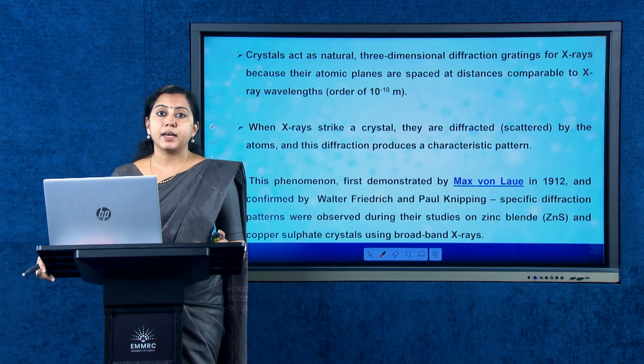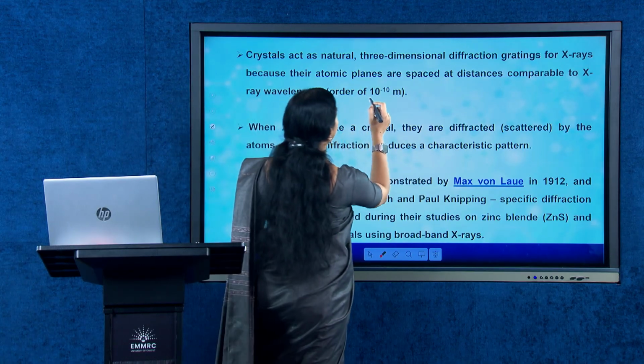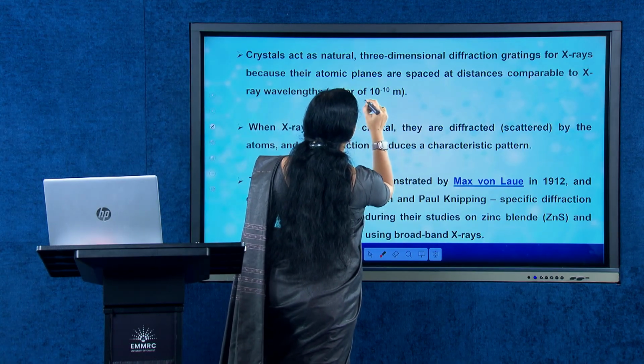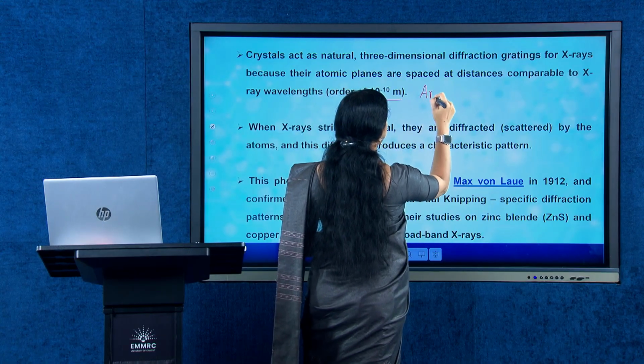We know that X-rays are electromagnetic radiations of very short wavelength. Usually their wavelength is of the order of 10 to the power of minus 10 meters, or of the order of angstroms.